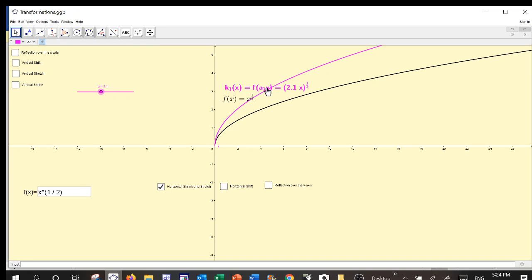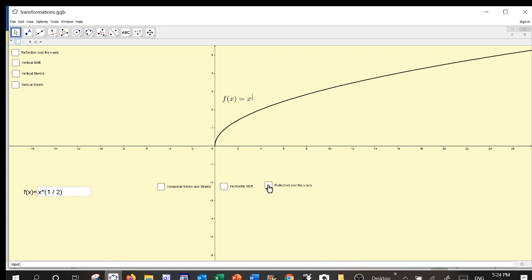So all of these points will shrink this way, right? You shrink them this way. Okay, so what if it's a number less than 1? If it's less than 1, let's say 0.6, all of these points get stretched this way, right? So that is horizontal shrink and stretch.